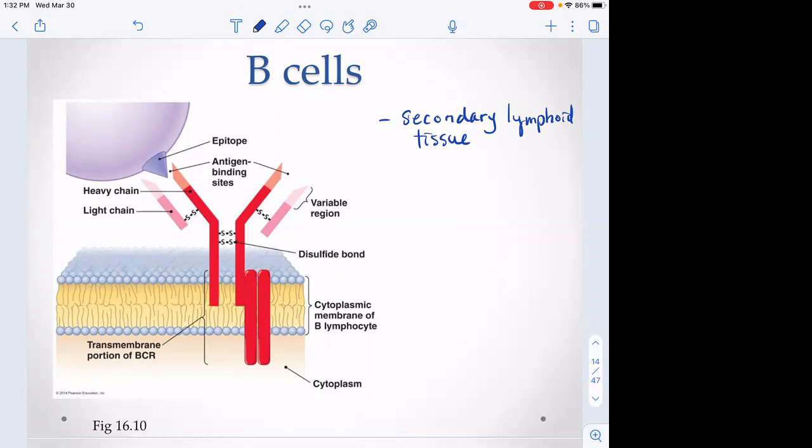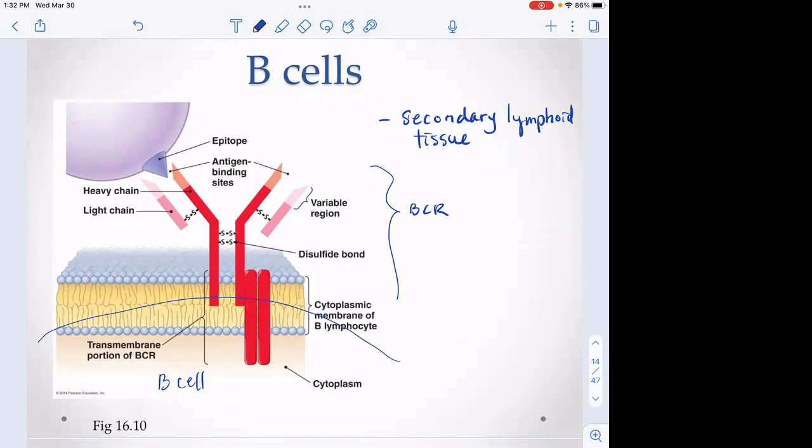They're cycling all around. In this picture, the B cell is down here, and this graphic is showing the surface of the B cell. A very important part of that B cell is the B cell receptor.